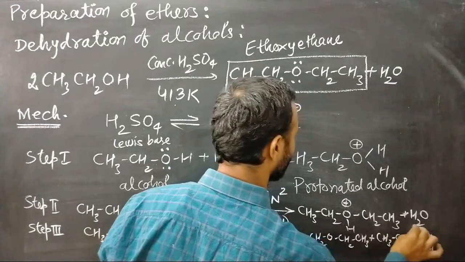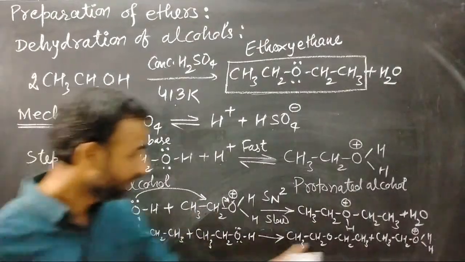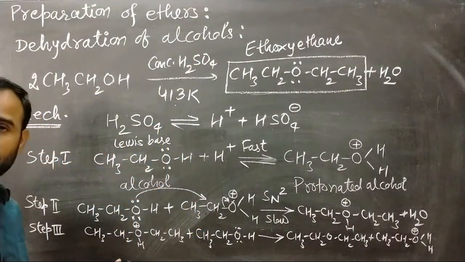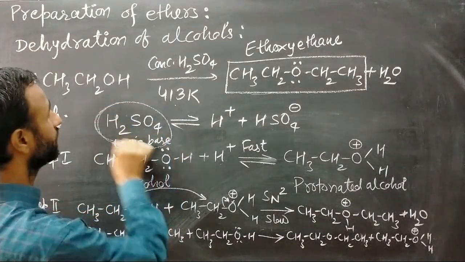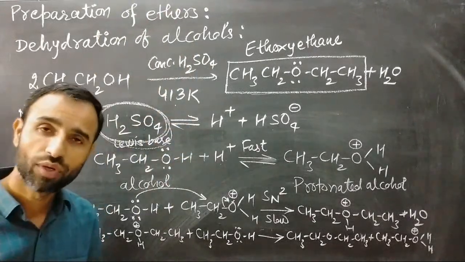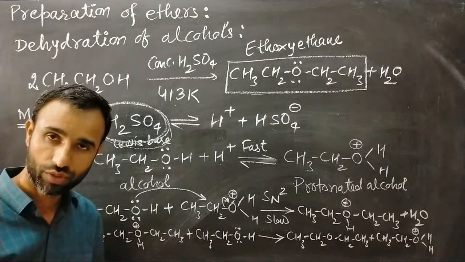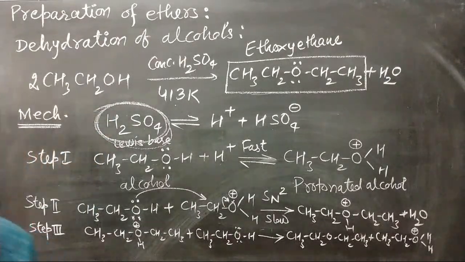The protonated alcohol required in the second step can be obtained in the third step. That means a very small amount of mineral acid can catalyze a large number of alcohol molecules. Okay? Done? Any doubt in this mechanism?